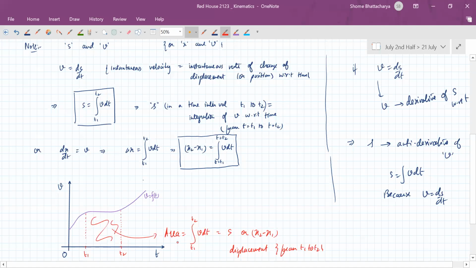So it is the area under the graph that represents this quantity. So what we have done with the integration over here, you understand visually from the graph below.